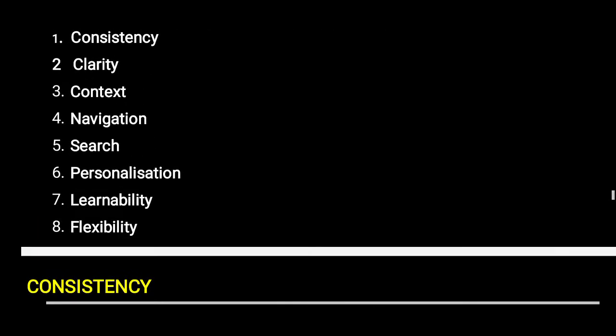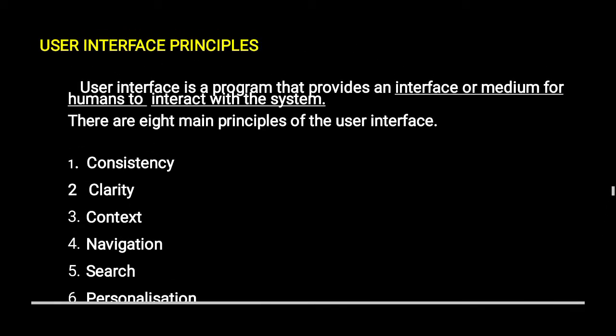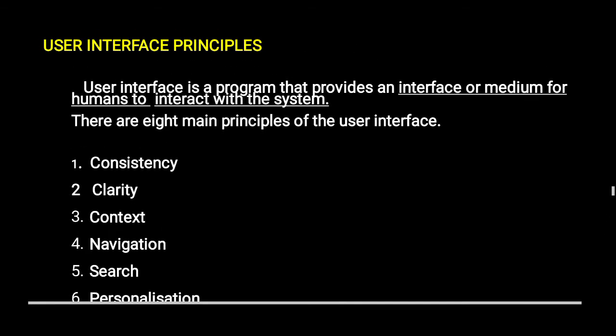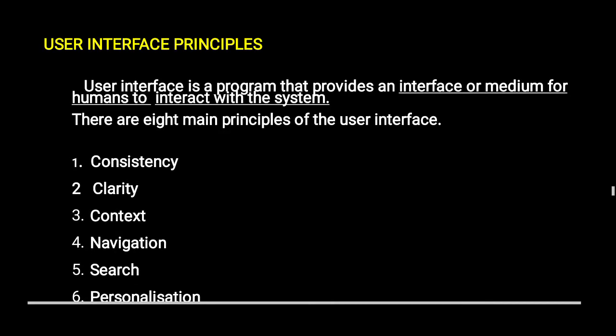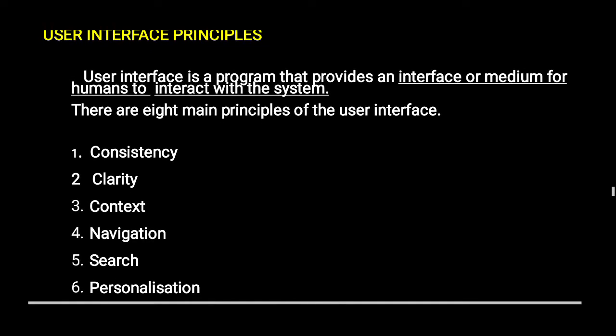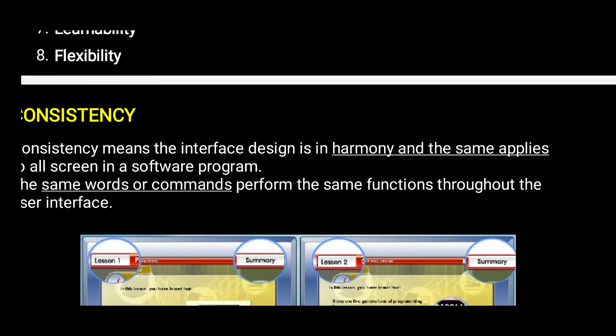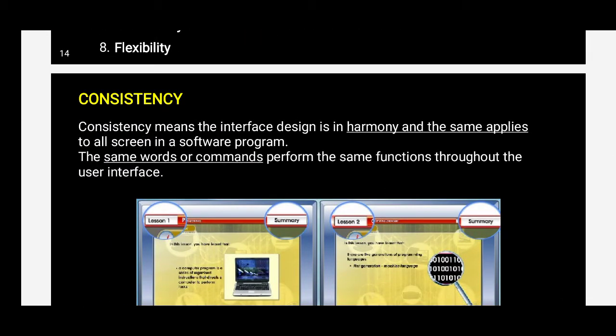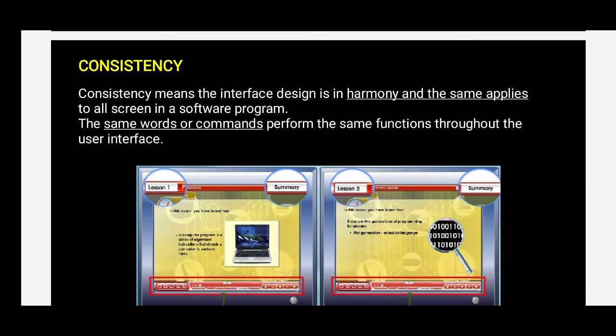These are all the user interface principles. First one is the consistency. Here consistency means the interface design is in harmony, and the same applies to all screens in a software program.